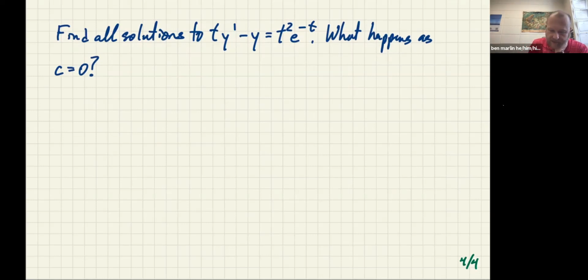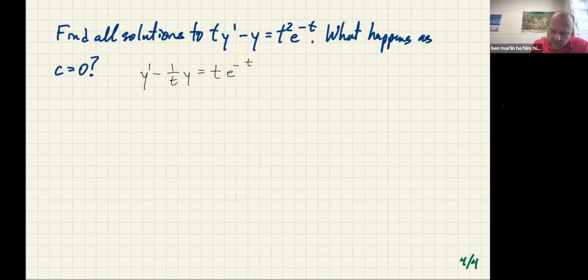It's asking us to solve another linear differential equation. I have again purposely put one as the t times y prime, so we have to do a little bit there. With doing that, you will turn it into y prime minus 1 over t y is equal to t e to the minus t, okay?